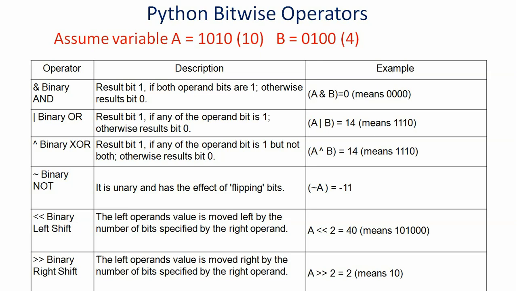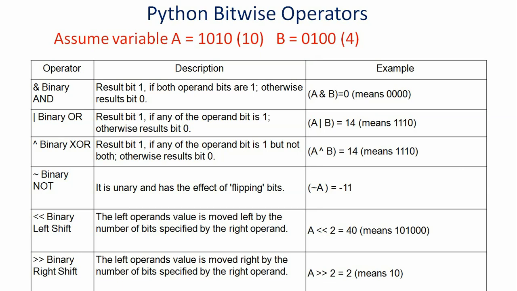Now binary left shift. The left operand value is moved left by the number of bits specified by the right operand. For example, A binary left shift 2, the bits of A are shifted to the left by 2 digits. It will give us a new number in decimal as 40.